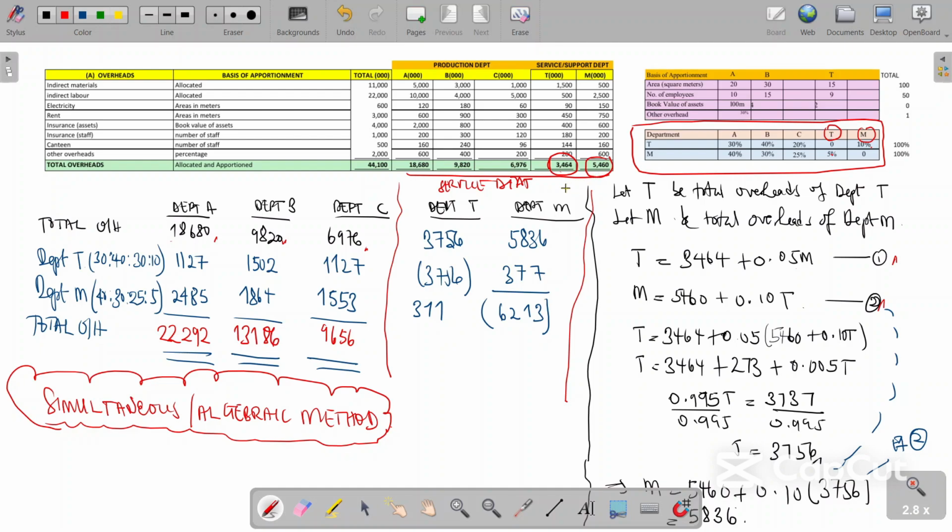So we need to use the simultaneous method in ascertaining the total overheads that should be attributed to department T and department M.